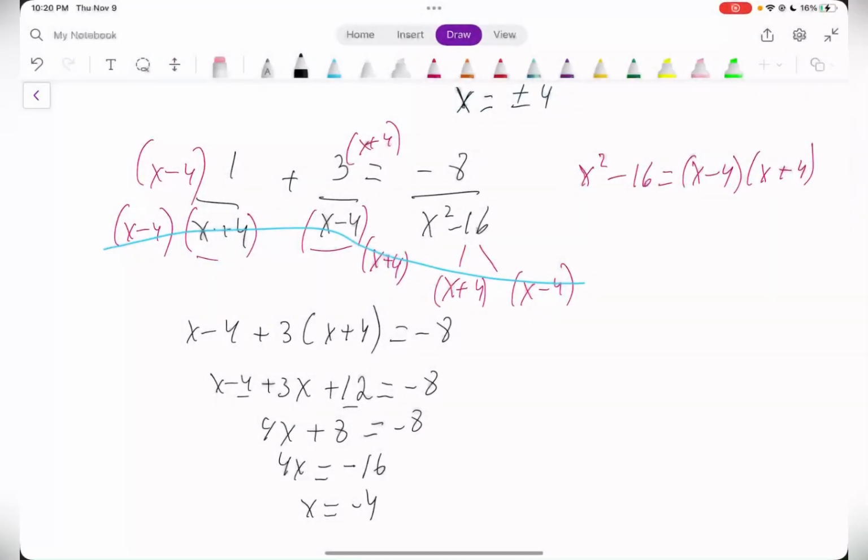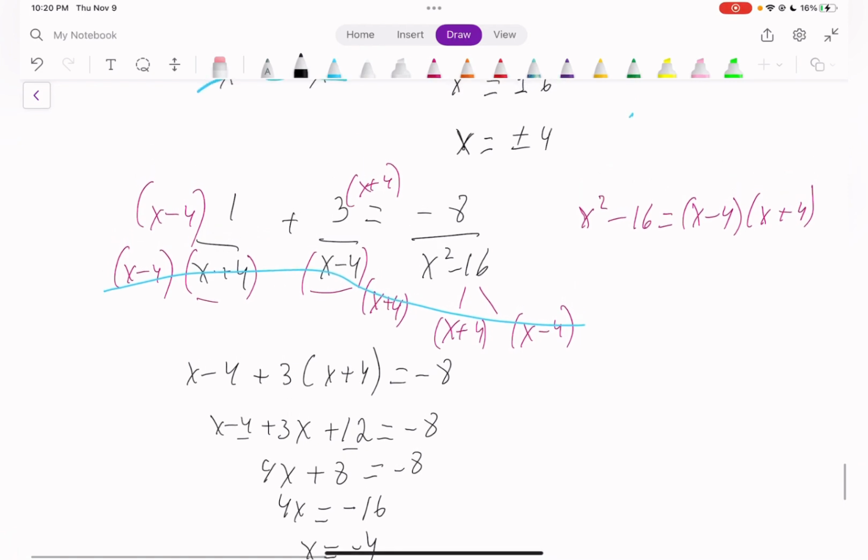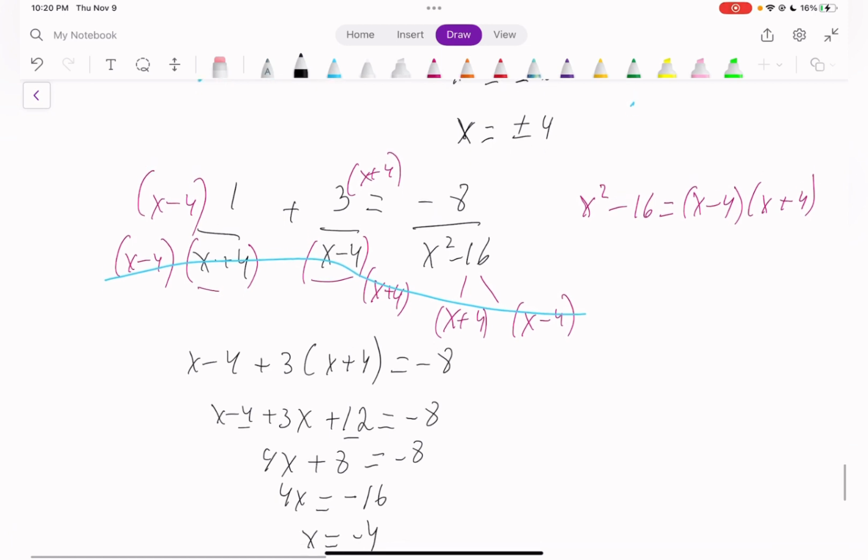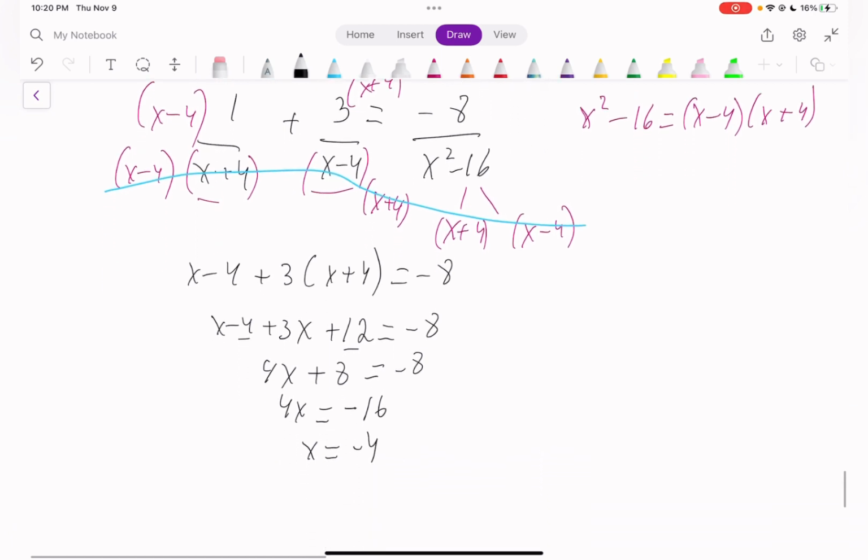Okay, so let me go one more time. x minus 4 times 3 times x plus 4, 3x plus 12, and it's equal negative 8. Okay, maybe here I made a silly mistake. So what do I have here? 3x and x, and here negative 4 plus 12, it's going to be 4x plus 8 equal negative 8. Well, okay, let's try negative 4.